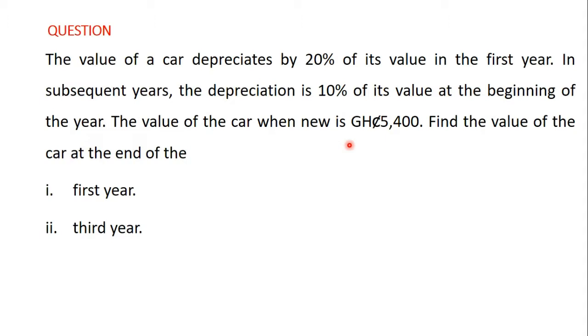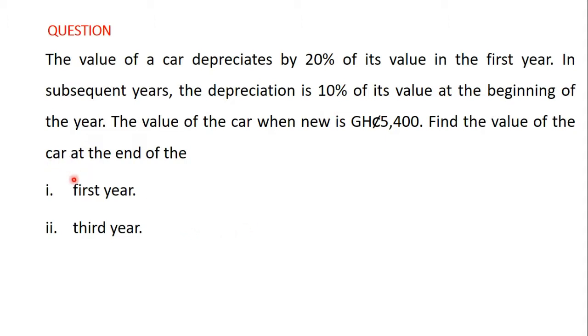What this means is that at the end of the first year the value of the car will reduce by 20%, but for the subsequent years, that is the second, the third, the fourth, and the years that follow, the value of the car will reduce by 10%. So the value of the car will reduce by 20% at the end of the first year. Then at the end of the second year, the third year, the fourth year, and so on, the value of the car will reduce by 10%.